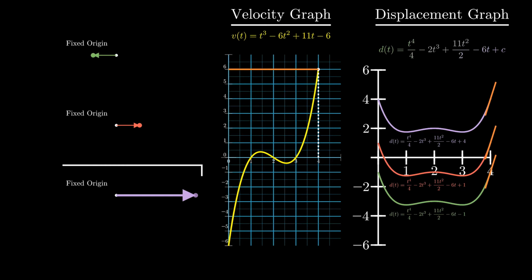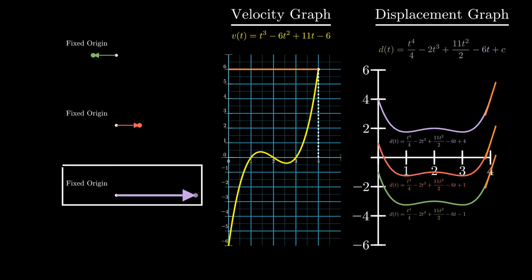It tells us how the displacement is changing. I've picked an arbitrary amount here, just 3 particles. There's an infinite set, because there's an infinite number of c values. But if you've got that specific initial condition, you can be sure that it is the purple one that we're after.